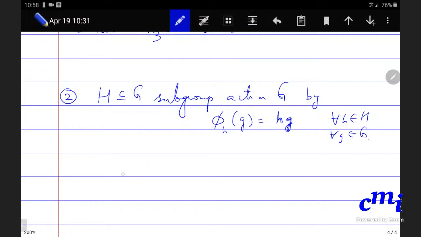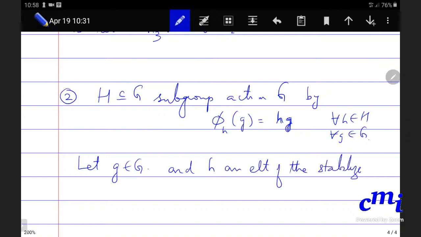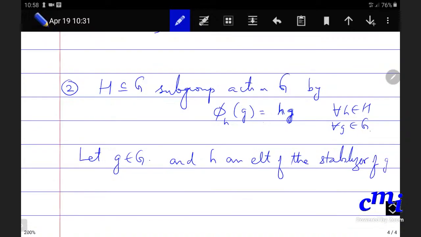So let us look at the stabilizer. Let G be inside G, and H an element of the stabilizer of G. That would say that phi H of G is G. But what is this?